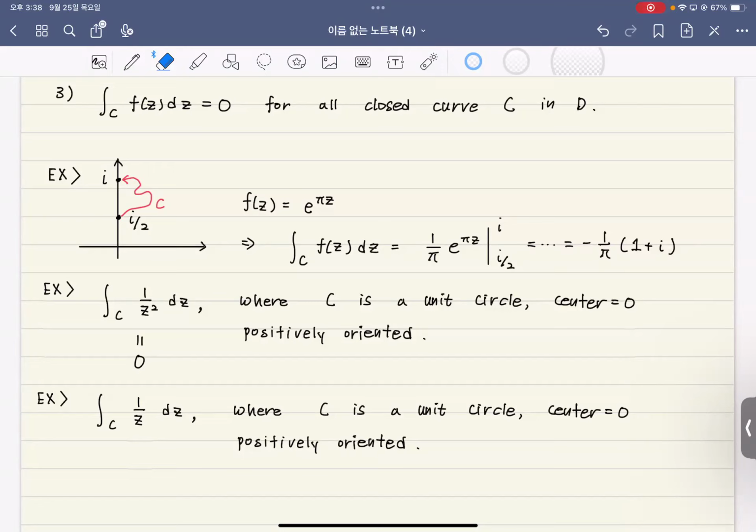Therefore, the domain of this antiderivative does not contain the curve C. So no matter which branch you choose, the domain of your branch function can never contain the curve of interest, this unit circle. This is the reason why you cannot make use of this theorem, and also why the answer is not zero. Okay.